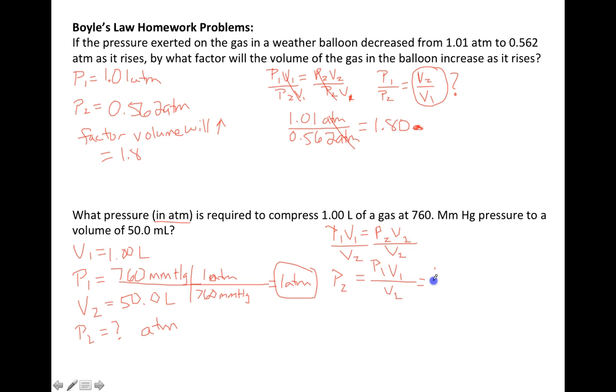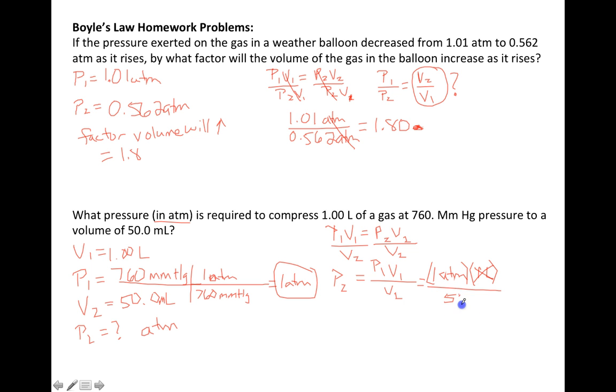P1 is, remember, we're using the 1 atmosphere because we want our answer to be in atmospheres. Our V1 is 1 liter, and our volume V2 is 50, oh, 50 milliliters. Whoops. Well, then I'm going to have to make some changes here. This cannot be liters up here.